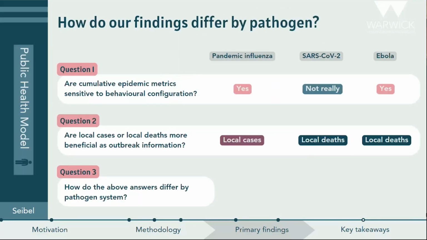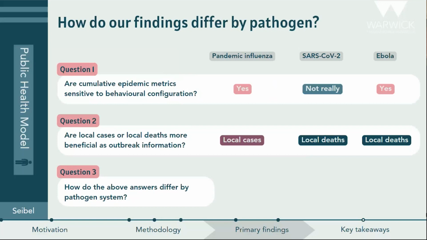Then when we look across these different pathogen systems, we have the two questions that we were asking at the beginning. What we saw for Ebola was that, yes, the epidemic metrics are sensitive to behavioral configuration. The plots I didn't show you were for pandemic influenza and SARS-CoV-2.